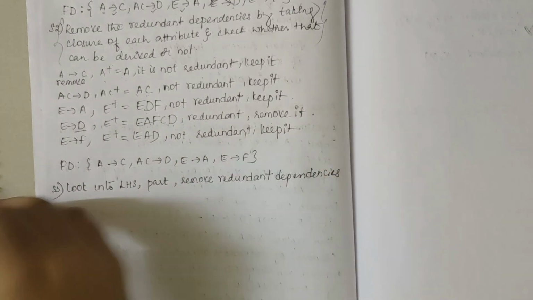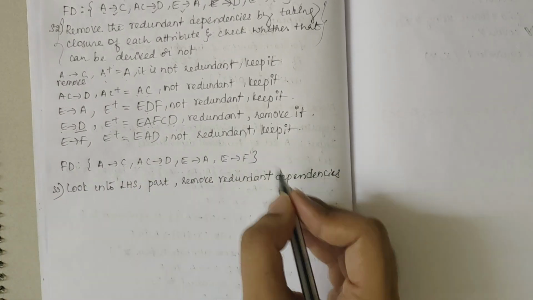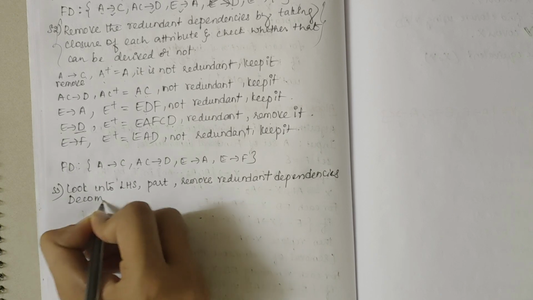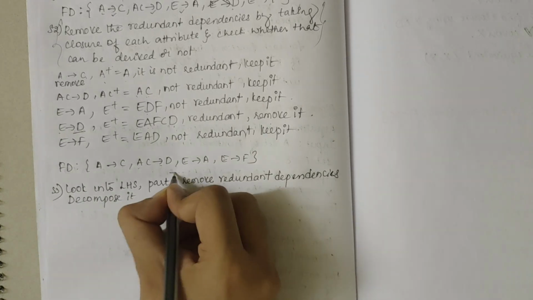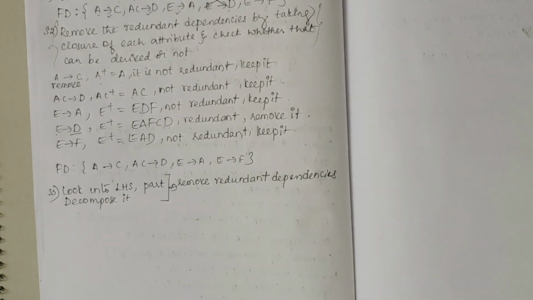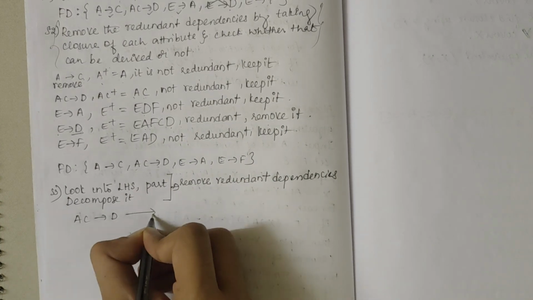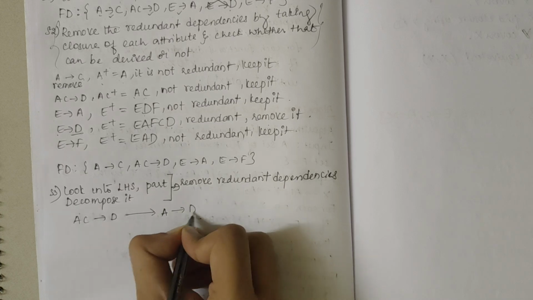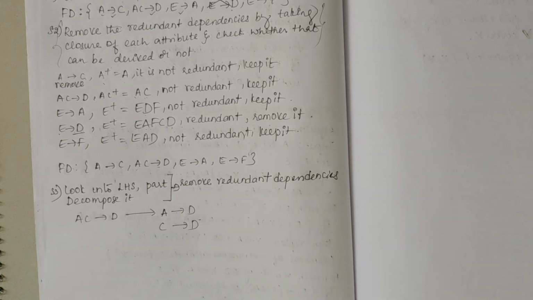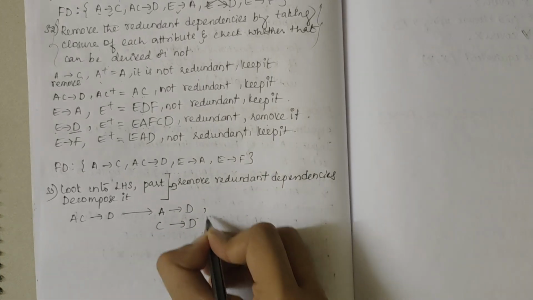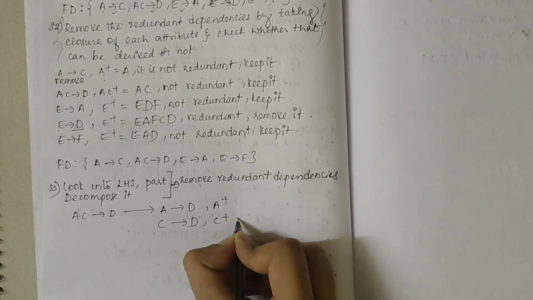Looking at the LHS part, I have AC. So firstly, I'll decompose it and then remove the redundant dependencies. AC could be written as A determines D, C determines D. Again, I'll find A closure and C closure.